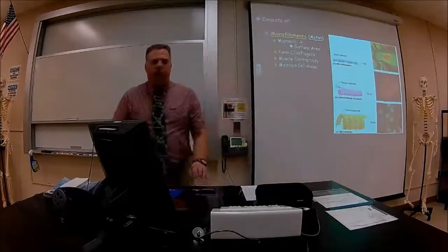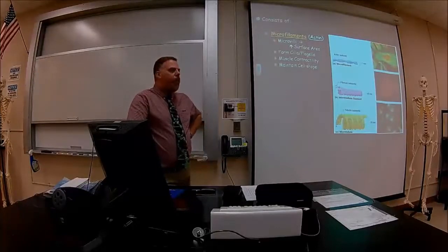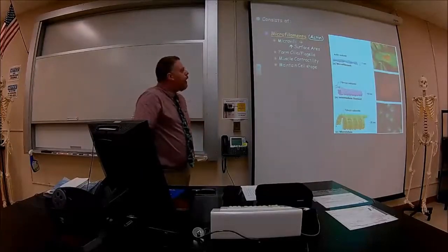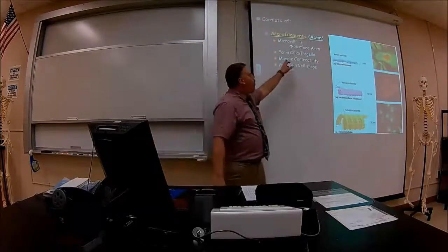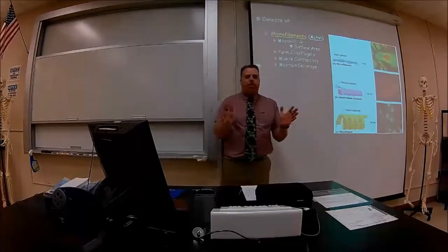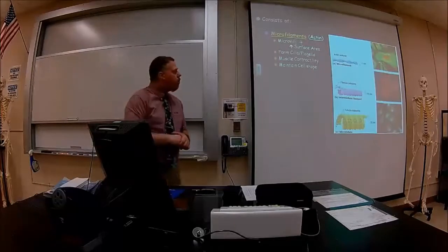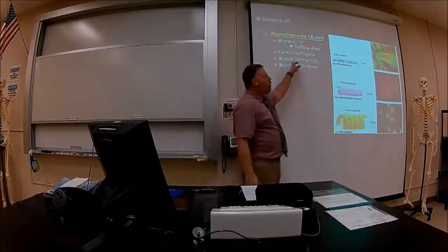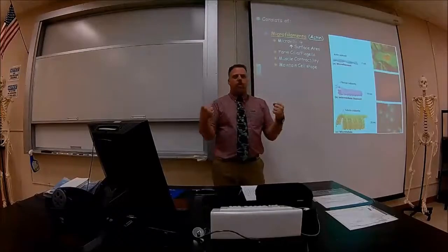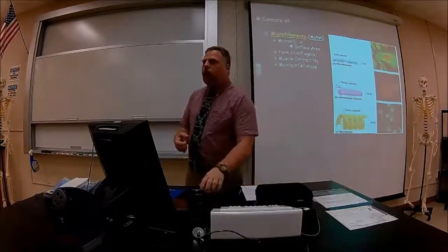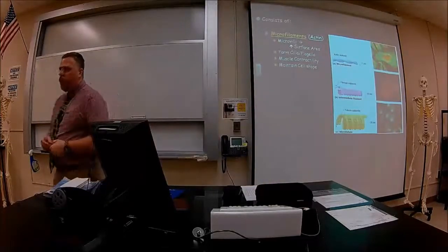These will make up something called microvilli, which will increase surface area. They'll also form cilia and flagellum, like the little tail that you see on the end of a sperm. It'll help with muscle contractility, so that muscles can contract, and also will maintain cell shape.